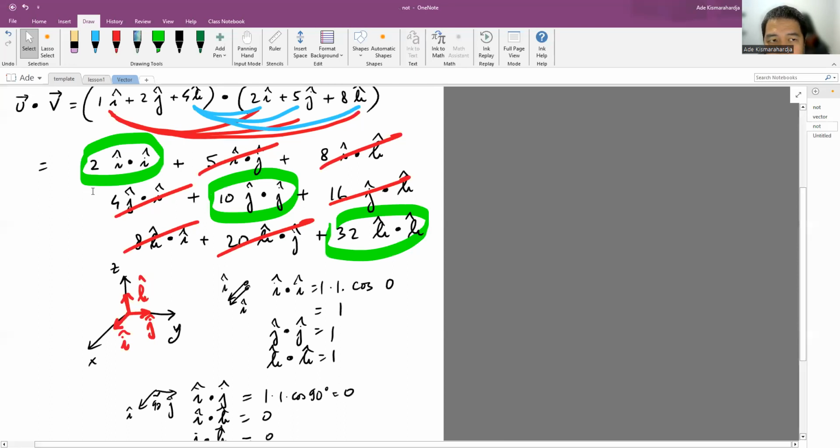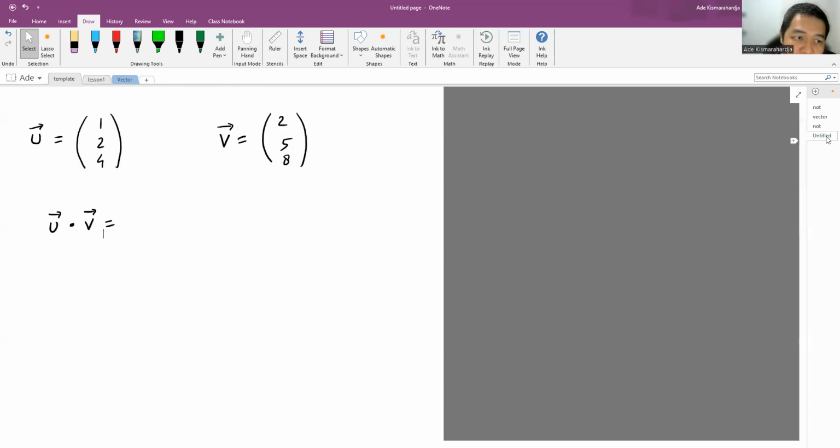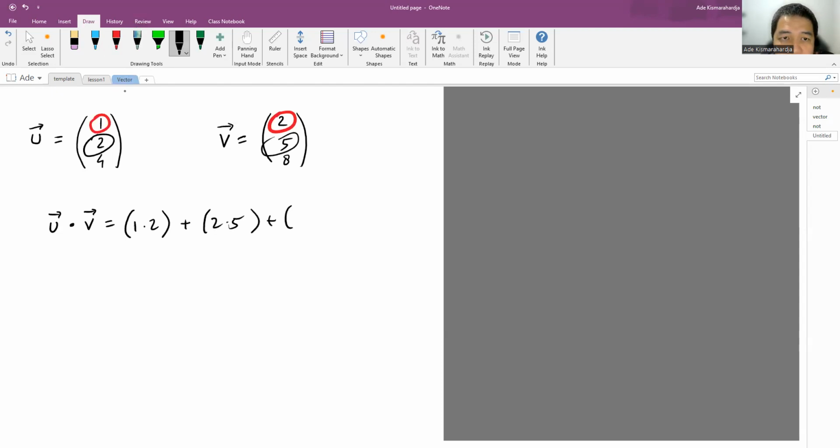You will end up with only these three terms. So when you have two vectors like this and you want to do the dot product, you can just do 1 times 2, plus the second one, 2 times 5, plus 4 times 8.